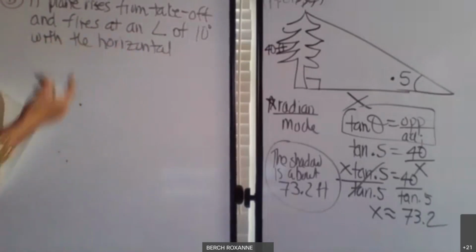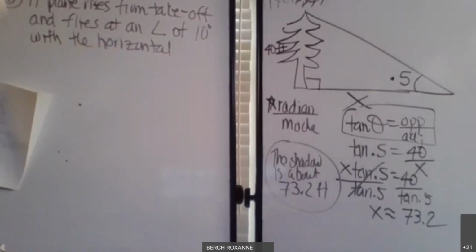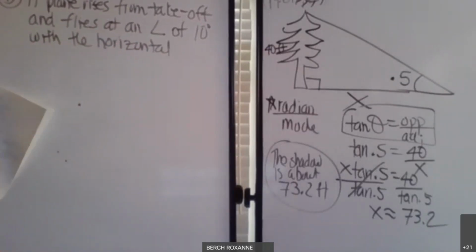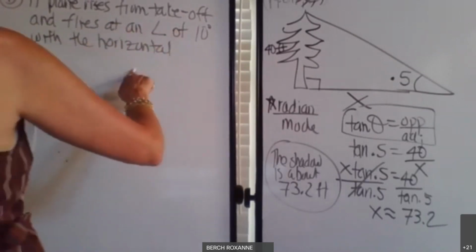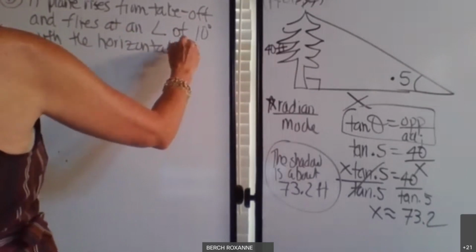So these words like horizontal are helping you to draw the picture. Okay, so a plane rises from takeoff and flies at an angle of 10 degrees with a horizontal runway.